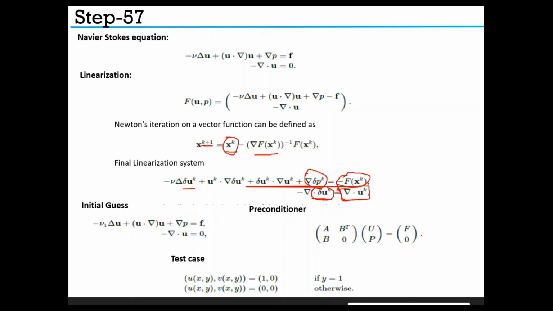Then we can use a similar strategy like the step 22, and now the Newton's iteration can be used to solve the initialization, maybe an initial guess for u naught and p naught, and the tolerance also, and a linear solve to compute the update term, to update this term uk and del pk.